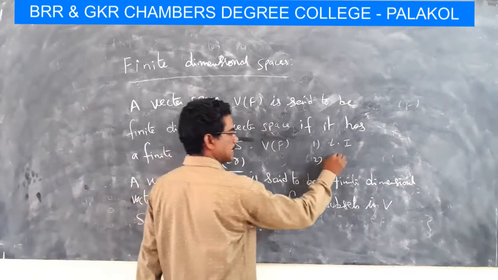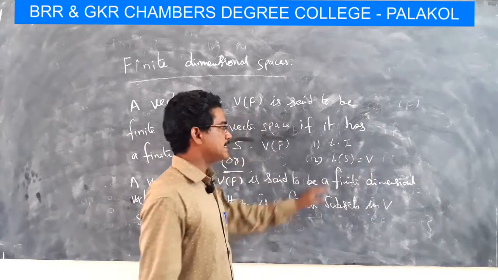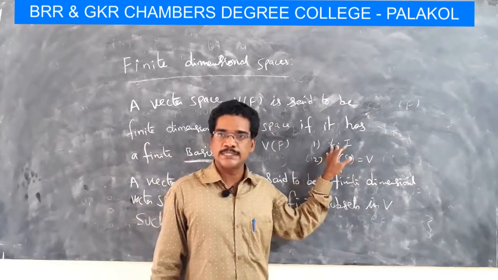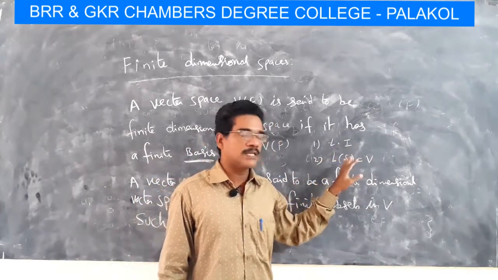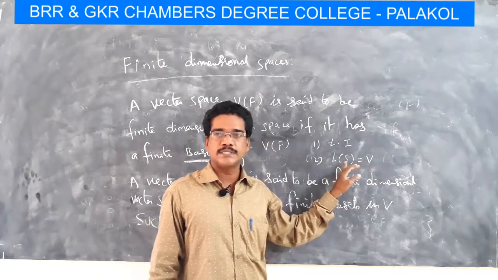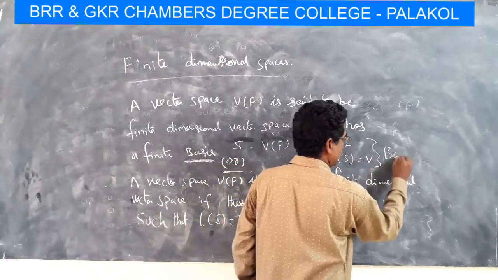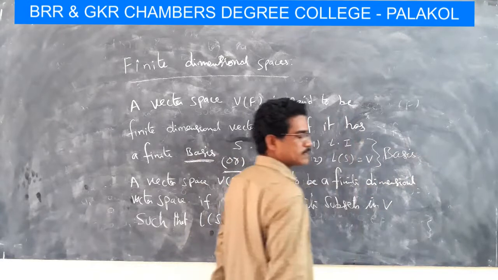Second, the linear span of S is V, that means L of S is equal to V. Then it is called a basis. This is the definition of the basis.